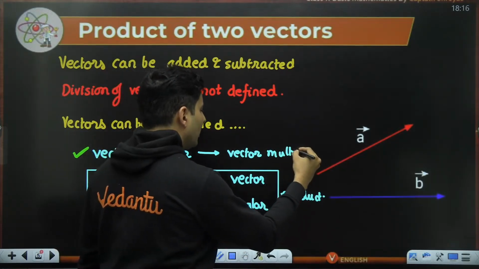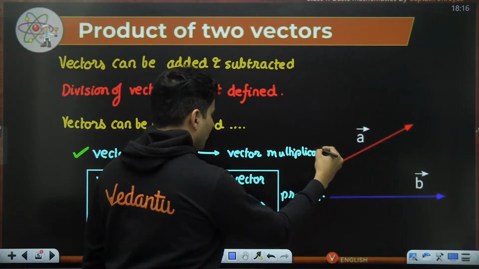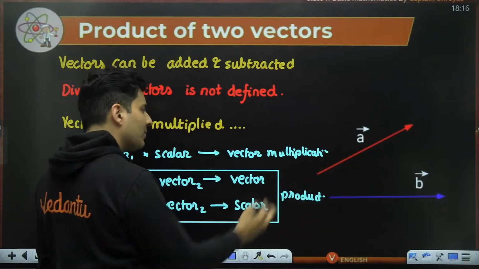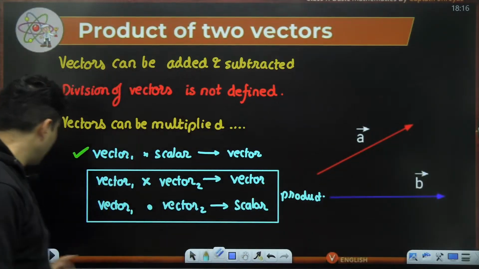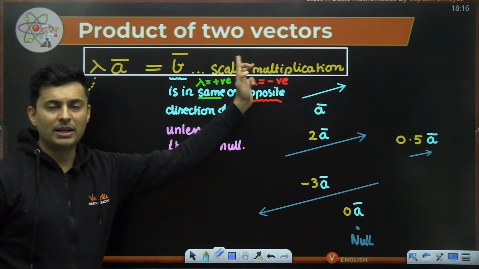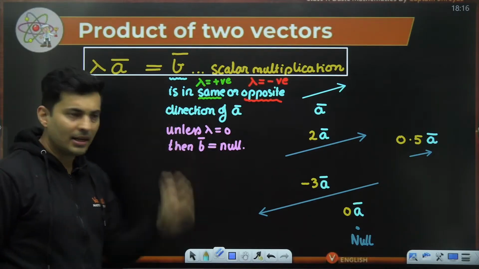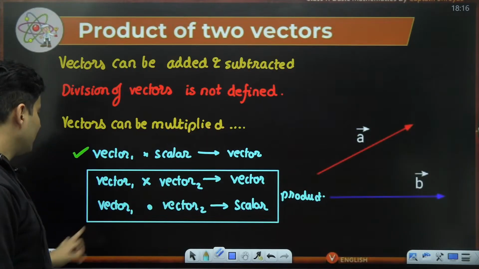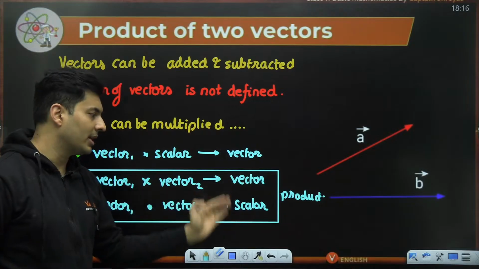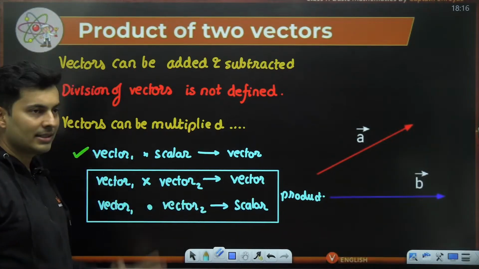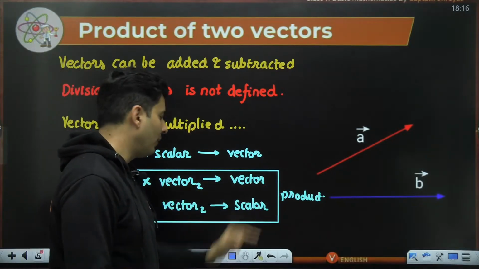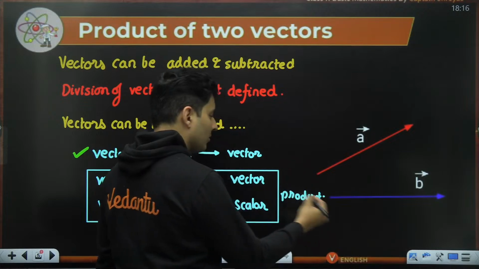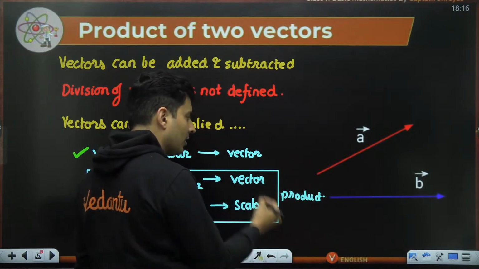I know they sound similar. So this one is basically called multiplication of a vector, scalar multiplication, of a vector. But these two are generally called vector product or scalar product. Please understand that. These are just products, vector products or scalar products.